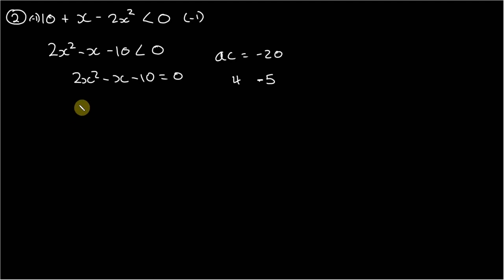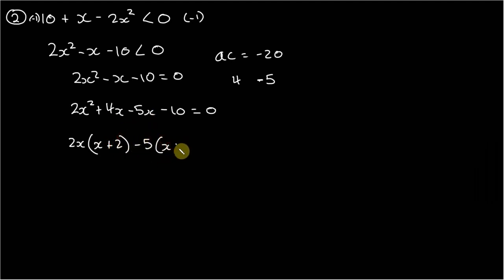So those are our two factors. We've got 2x squared minus 5x plus 4x minus 10. All of that equals 0, and we can factor out a 2x here, and we are left with x plus 2. Again, we can factor out here a negative 5, and we are left with x plus 2.